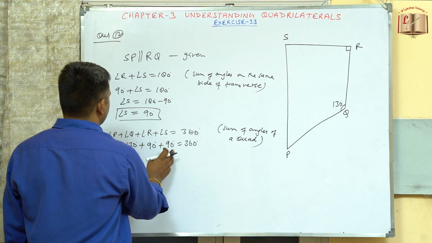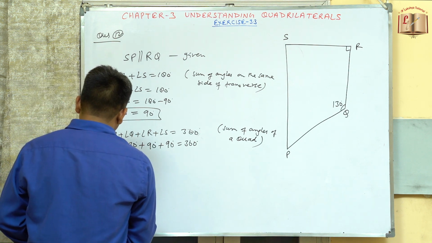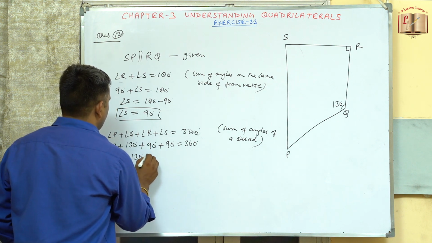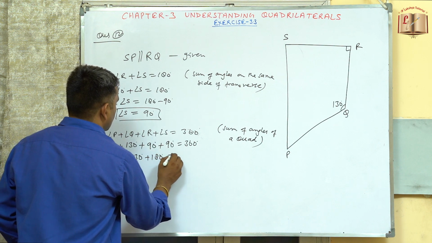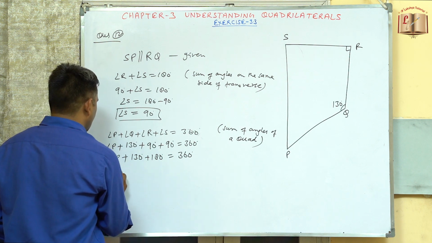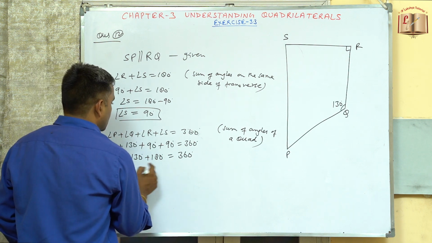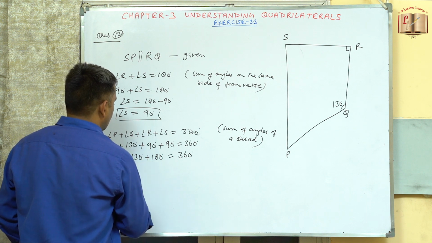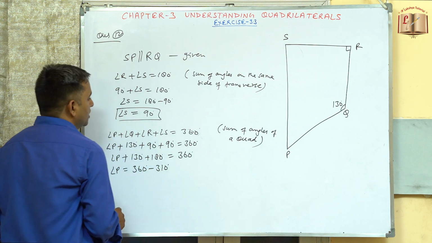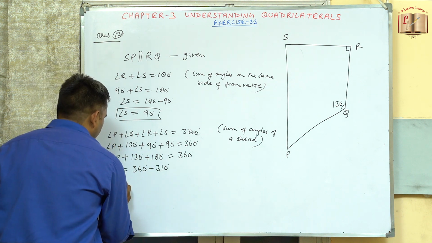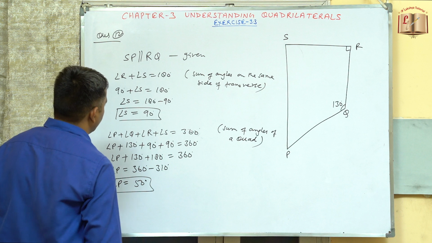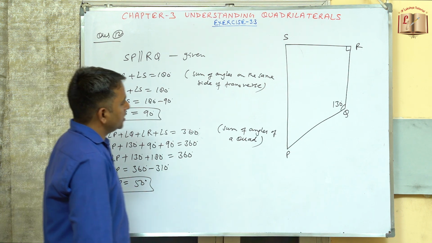Now we can add it. So this is 130 plus 180, and this is equal to 360 degrees. So angle P will be equal to 360 minus 310. So we got angle P is equal to 50 degrees. So we got angles P and S as 50 and 90 degrees.